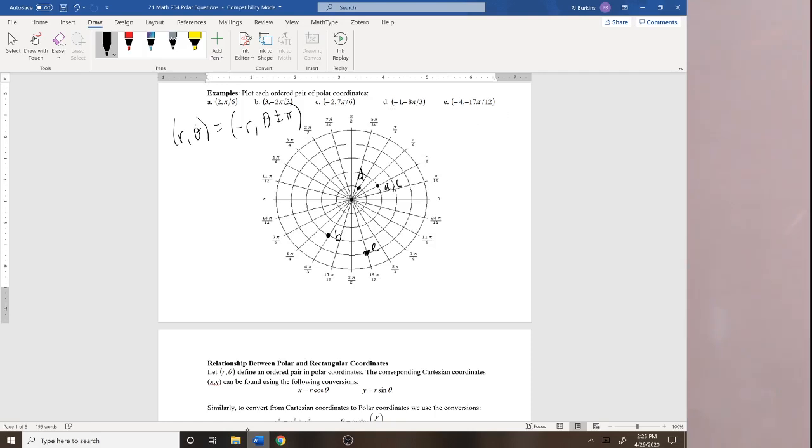So when I was saying that we could represent points with different values, right, notice A and C are the same thing. But there's other ways I could do it, right? I could say, let's see, I could do 2 and 13 pi over 6, and that would still be the same point.